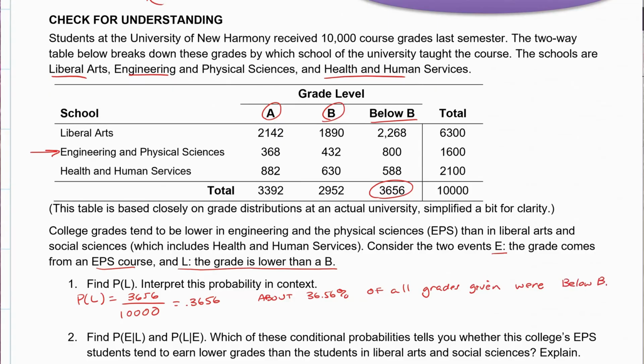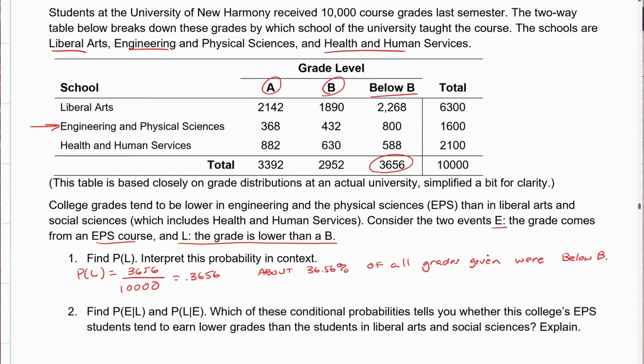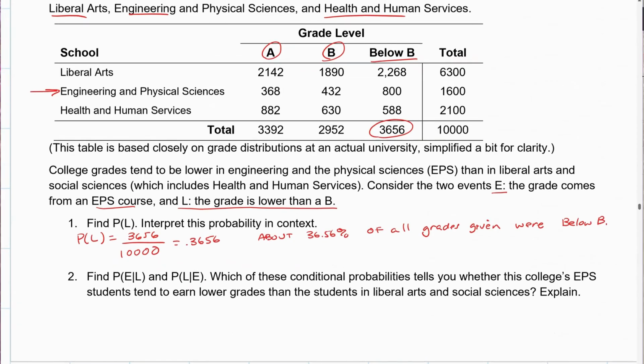And here's our context. Now let's take a look at two of these conditional probabilities. This first one reads, what's the probability of the grade coming from the EPS school given that it's low? Now, when we do this kind of calculation, given that it's low means that we are restricted to only the low grades, and we pretend like the rest of the table doesn't exist.